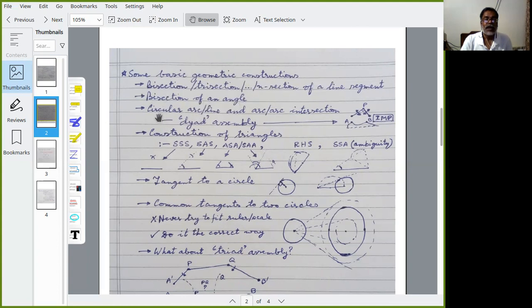Now, this is one very important construction for our graphical methods of mechanism. That is circular arc or line and arc intersection. So on one side an arc and the other side a circular arc or line.